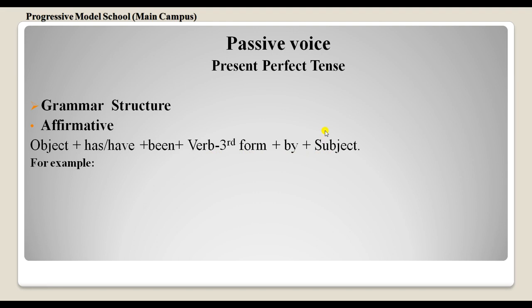Let it clear by the example. They have played football. To convert active voice into passive voice, we'll identify tense. So have is a helping verb. After that, third form of the verb is used, so it means that it's a present perfect tense. And after that, we identify the object and subject. So here football is an object and they are subject.